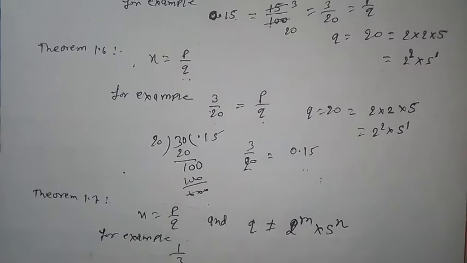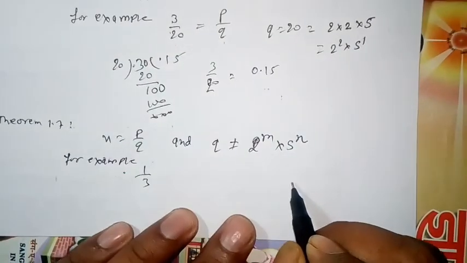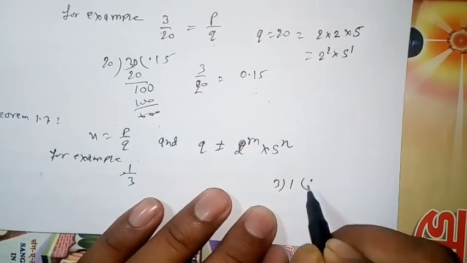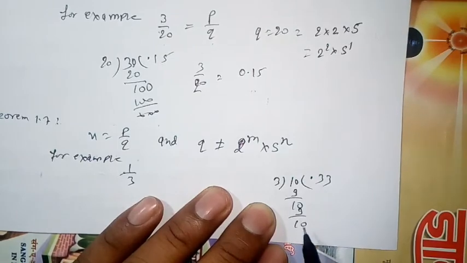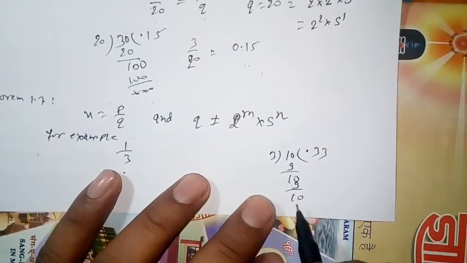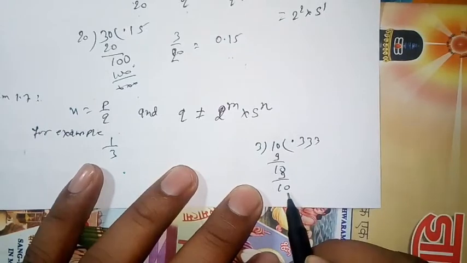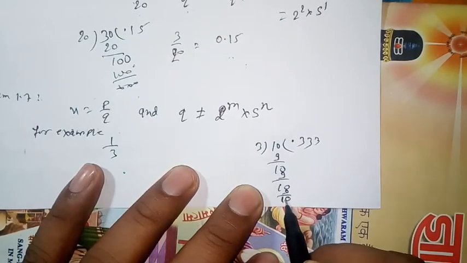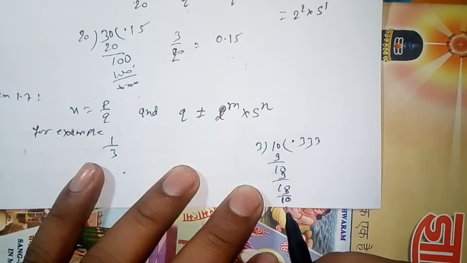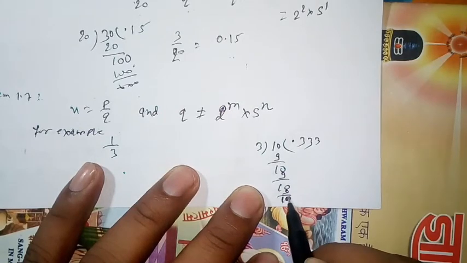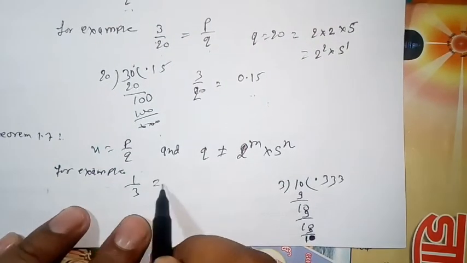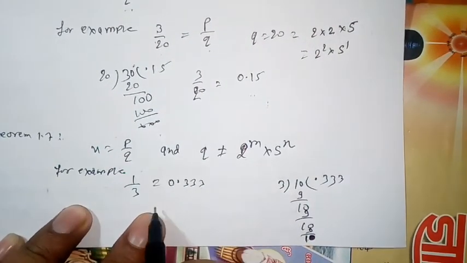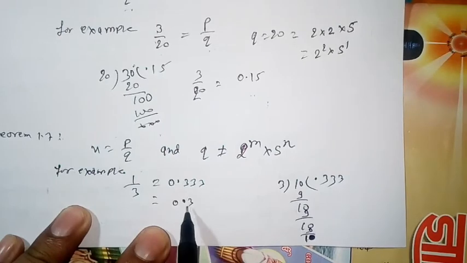1 by 3. Now I divide 1 by 3 and get 0.333. Every time I get remainder 1, so I write 0.333 is equal to 0.3 recurring.